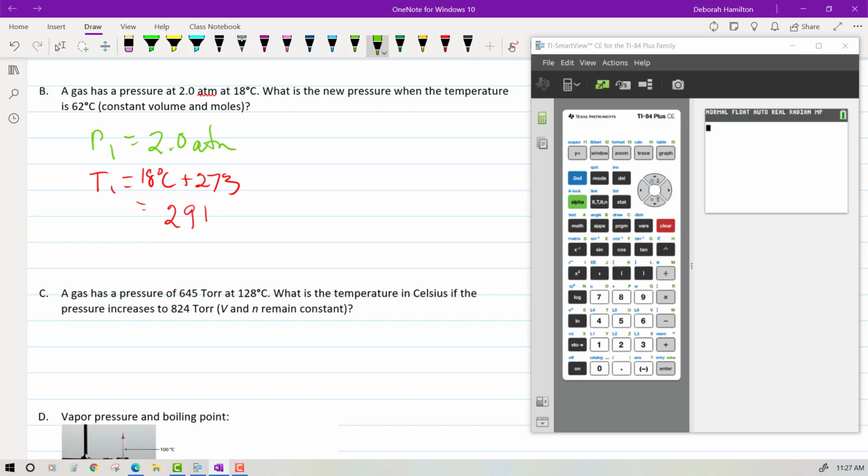It's asking us to solve for a new pressure, and the temperature is now 62 degrees Celsius. Again, we need to add 273, so we get 335.